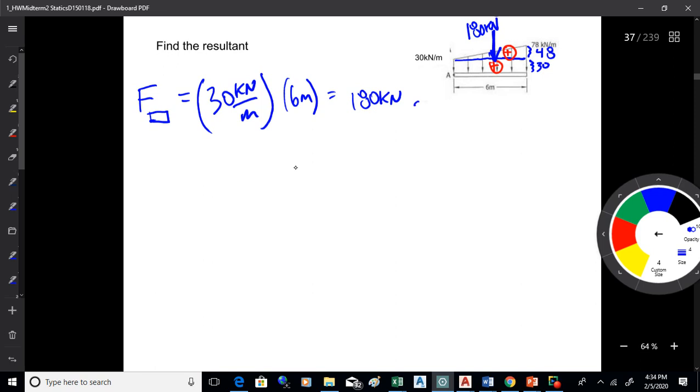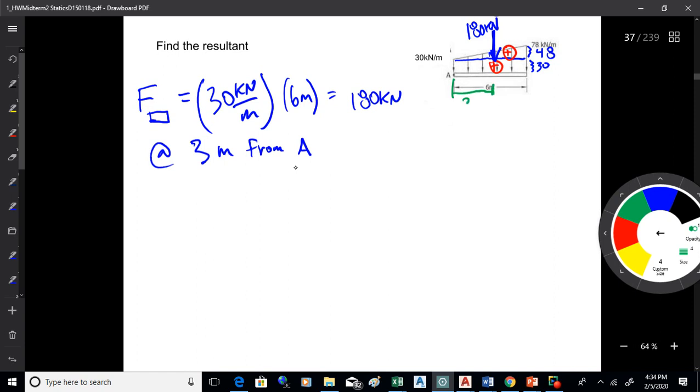Now, the centroid of the rectangle is 3 meters from A, right? Because that's a rectangle with a base of 6 meters. So you're going to want to dimension that at 3 meters.